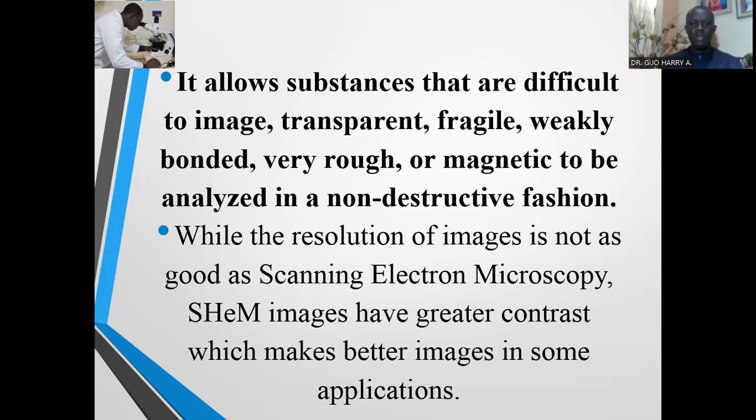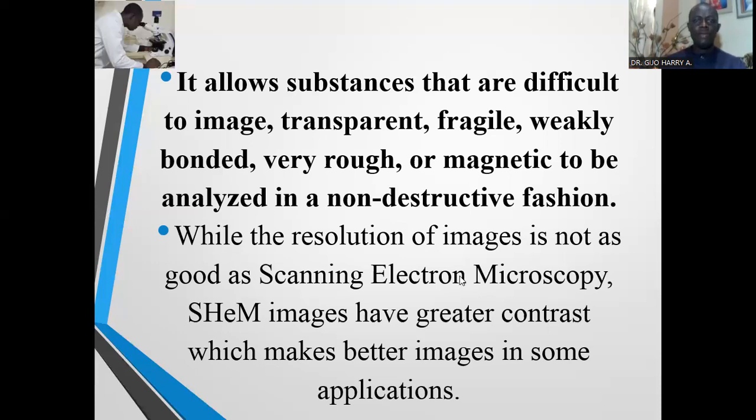While the resolution of images is not as good as scanning electron microscopy, scanning helium microscope images have greater contrast, which makes better images in some applications.